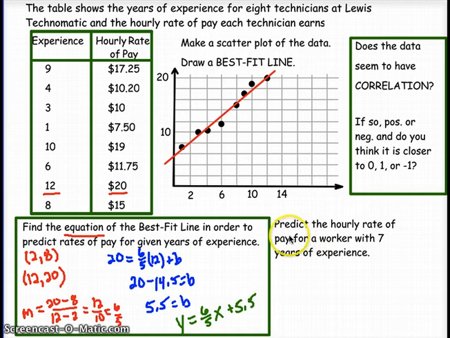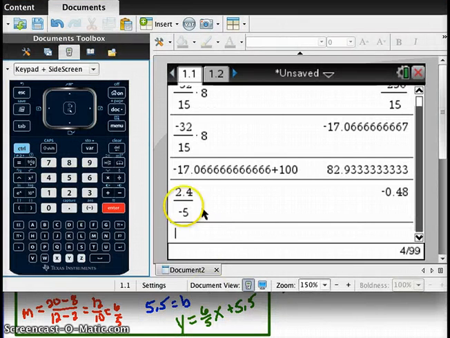We can now predict the hourly rate of pay for a worker with 7 years of experience if we just plug in the fact that x would be 7 into our equation. So y equals 6/5 times 7 plus 5.5. Now, I'm going to go ahead and use a calculator just because I think that would be easiest.